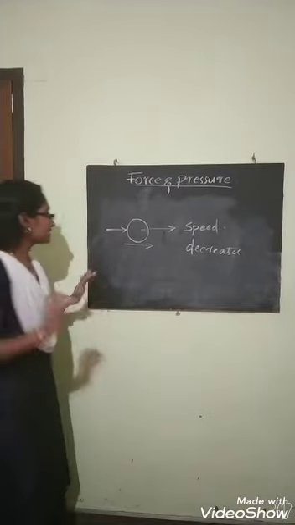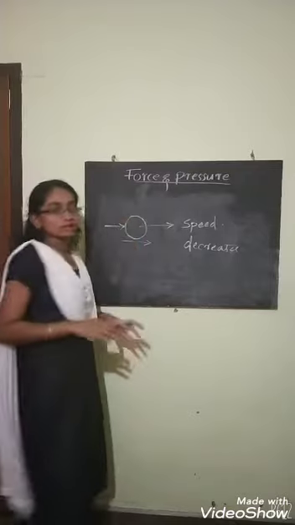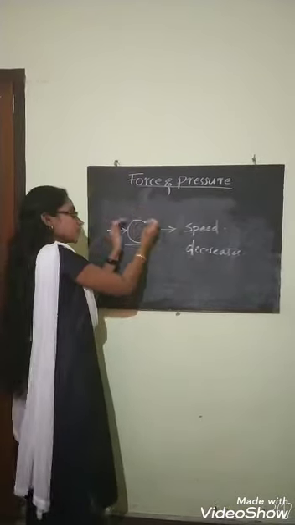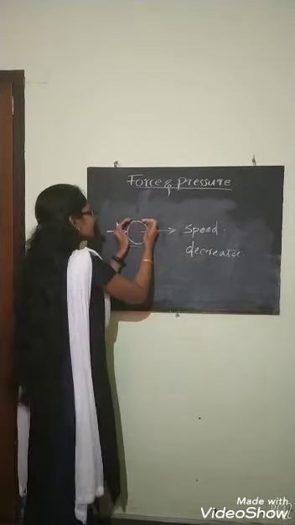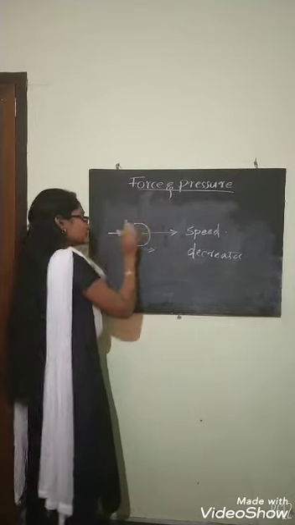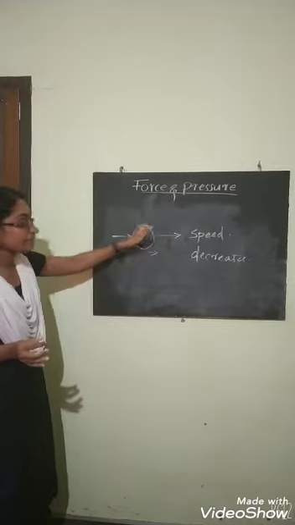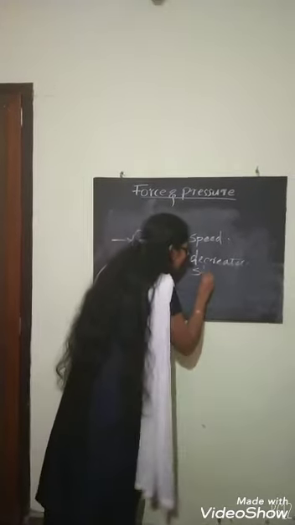And another thing is, how can I stop the moving ball? It can be done by giving a certain force on this ball. That is, I am holding my hand on this ball and it will stop. Here I am giving a force on this object, so we can also stop an object.